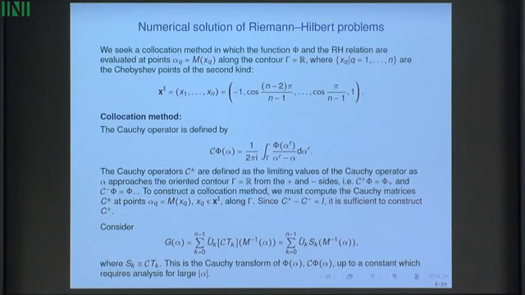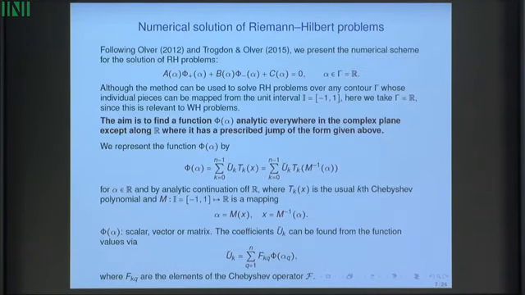The collocation method is based on computing the Cauchy operators acting on this function phi. The Cauchy operator is given by this expression here, and we denote it by C phi. If I go back, we want to compute phi plus and phi minus. We have a representation for phi.